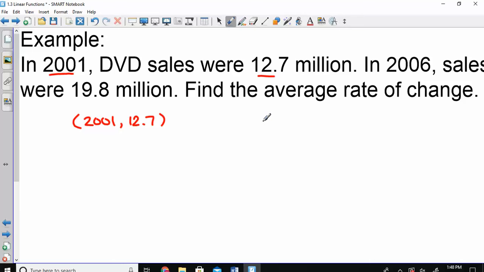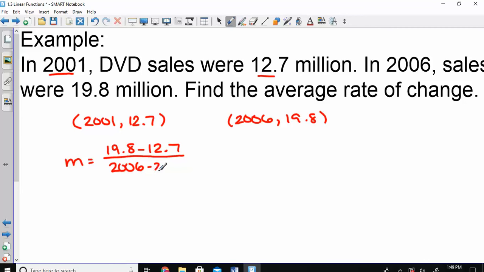You could set it up either way. For the slope, it's not going to matter. For getting the slope, it'll work out the exact same number either way. Then in 2006, it was 19.8. So slope, y sub 2 minus y sub 1 over x sub 2 minus x sub 1.